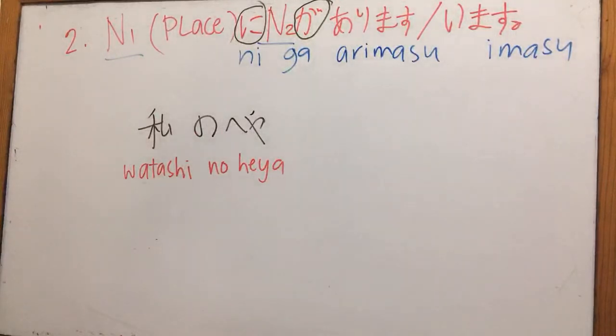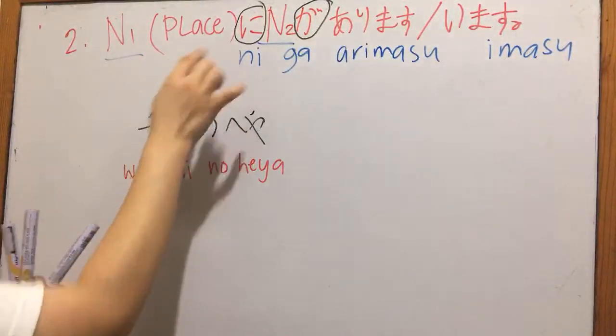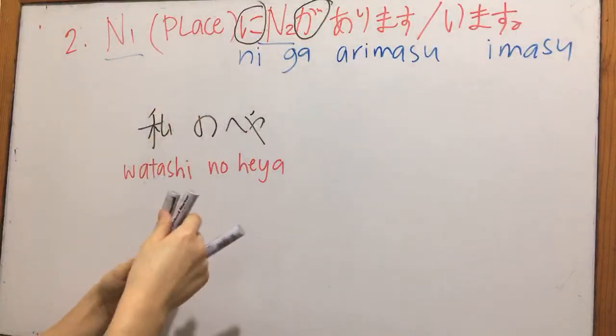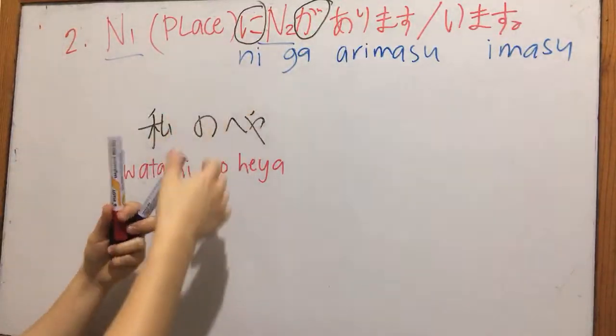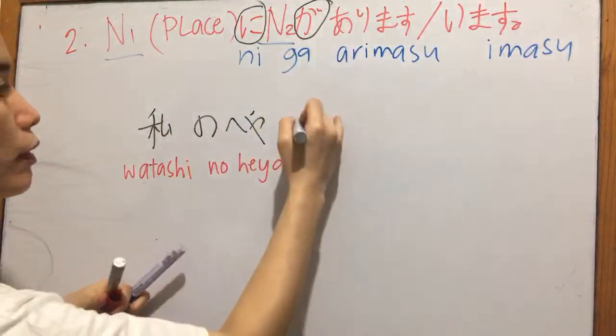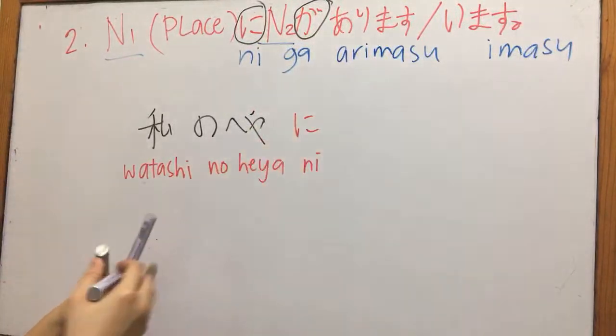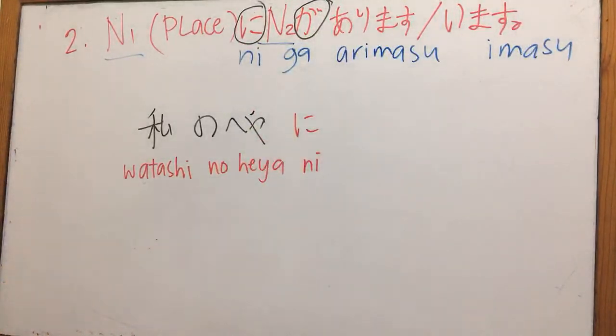Watashi no heya. My room. So this is our place. So it will be marked by what particle? Ni, right? This is our particle ni. So, watashi no heya ni nani ga arimasu ka? Tsukue. Tsukue.